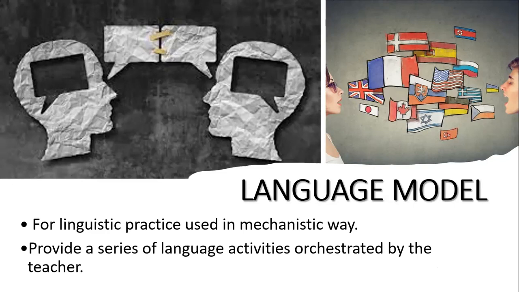So always remember po na in the language model, we are using literature as a tool of teaching language. As we all know, in literature, the words used do not have only surface meaning, but connotative meaning.